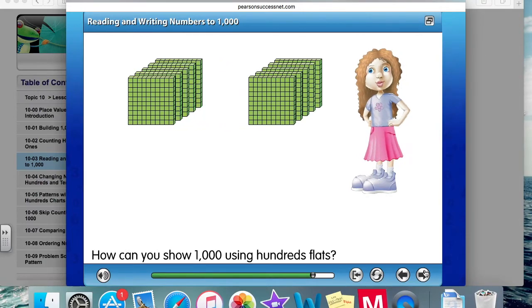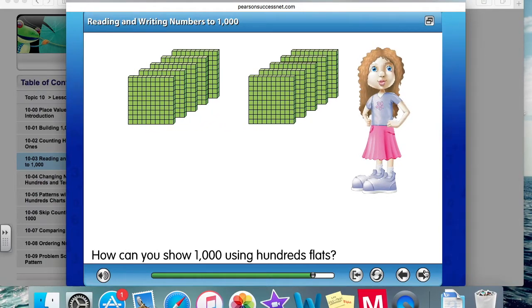How can you show 1000 using hundreds flats? So if you were to count by 100 all the way to 1,000, you would need to spread out the flats: 100, 200, 300, 400, 500, 600, 700, 800, 900, 1,000.